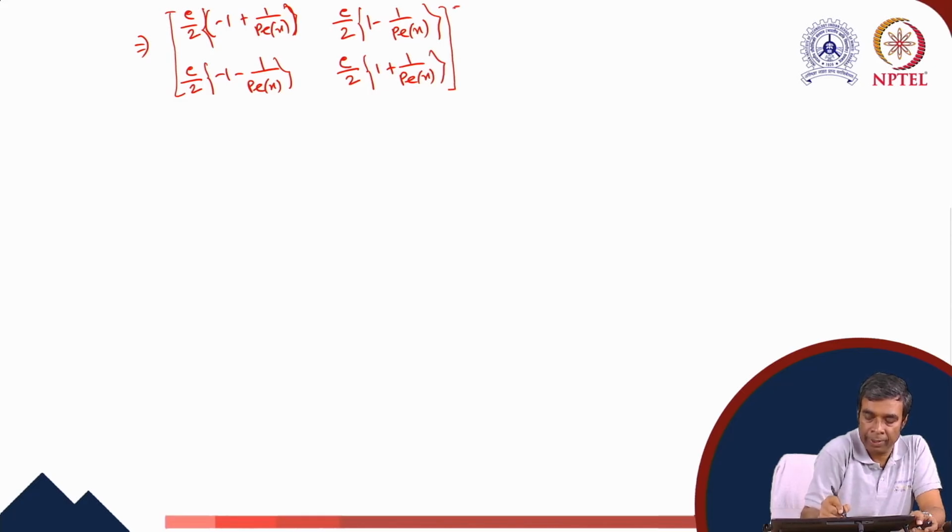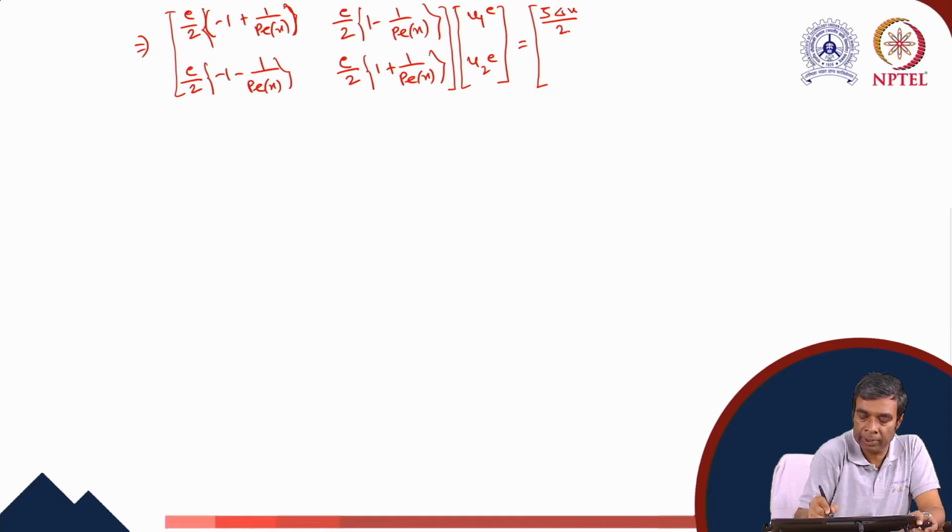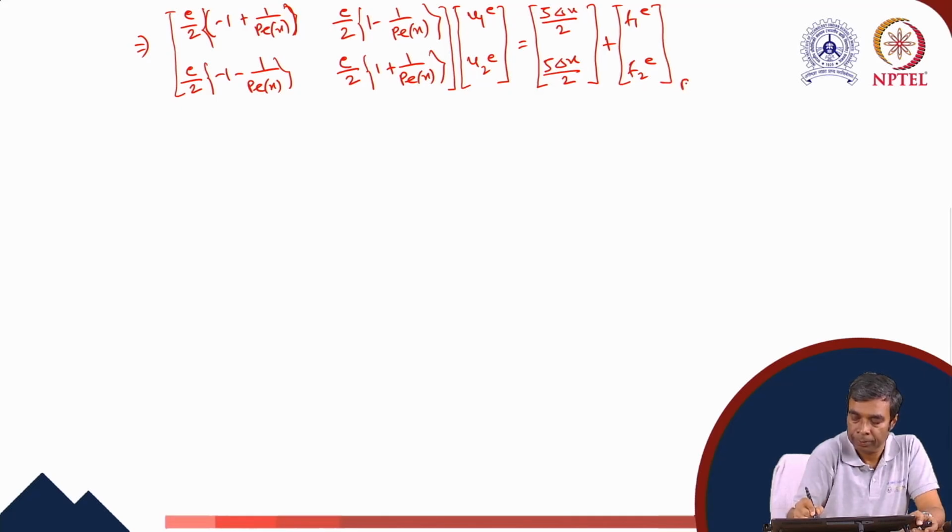Then the degree of freedom vector is U1e, U2e. The load vector from the source term contribution, we already know, is S delta x by 2, S delta x by 2, plus F1e, F2e due to the EBC contribution.